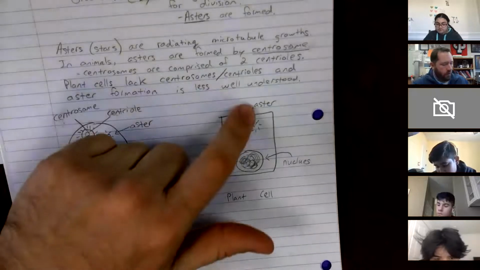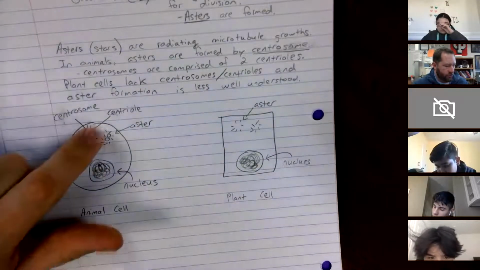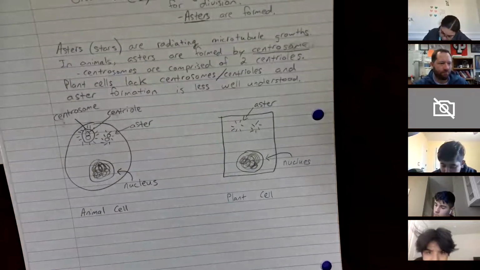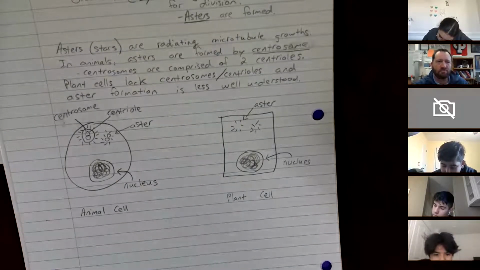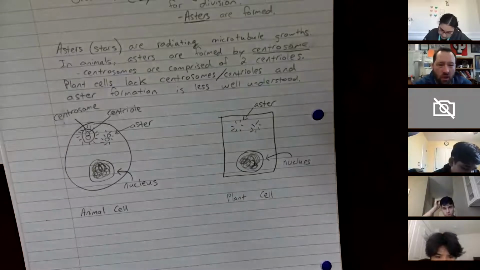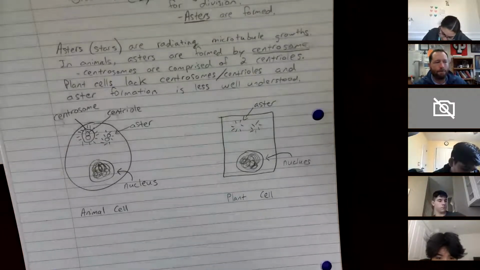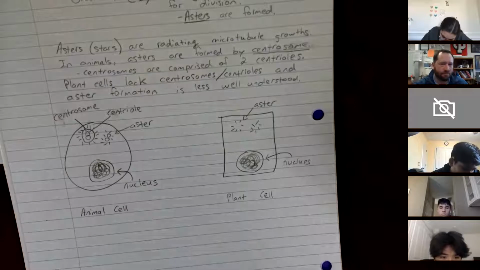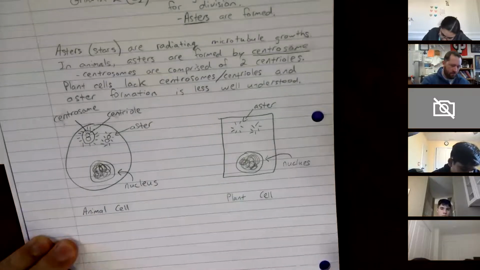So why are their asters forming if they don't have centrioles to make them? We don't know. It's not entirely well understood. Questions? All right, let's flip back.